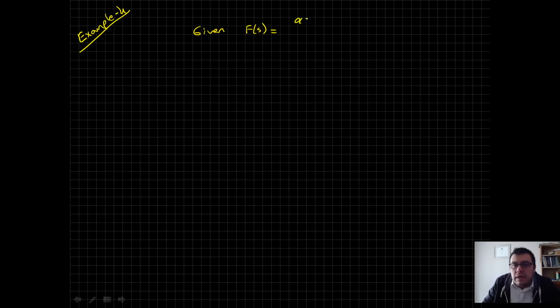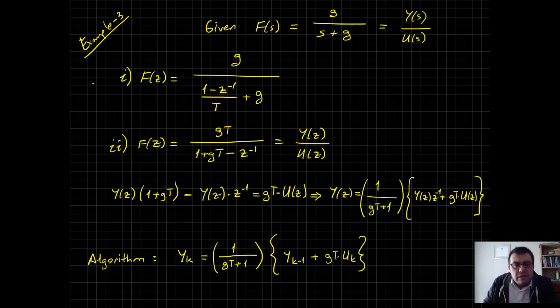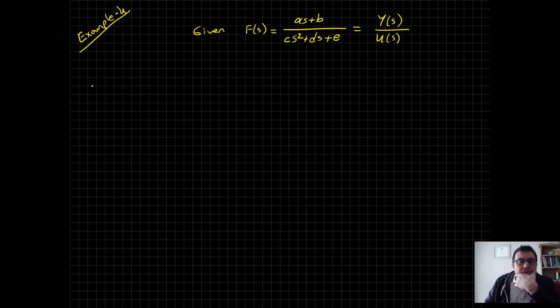This is as plus b over cs squared plus ds plus e, which was equal to y of s over u of s.